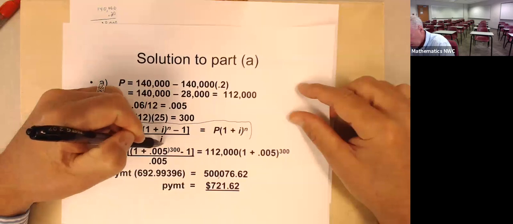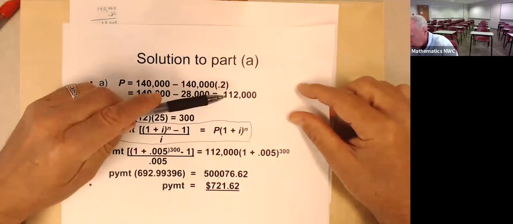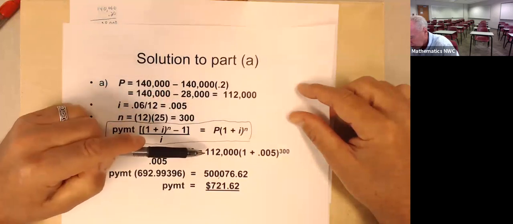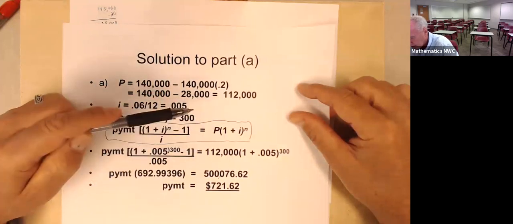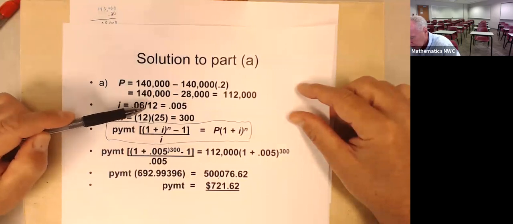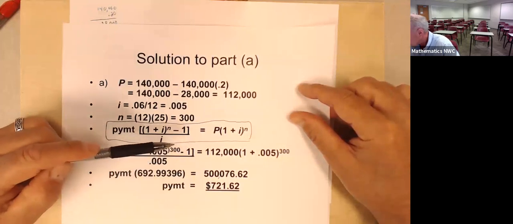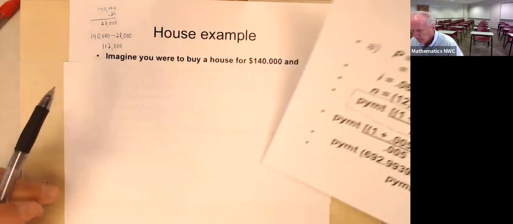Make sure that you can do this type of problem, that you can take some amount that you're going to borrow, in our case, $112,000, at some interest rate, 6% monthly for 25 years, as we did right here. Okay?